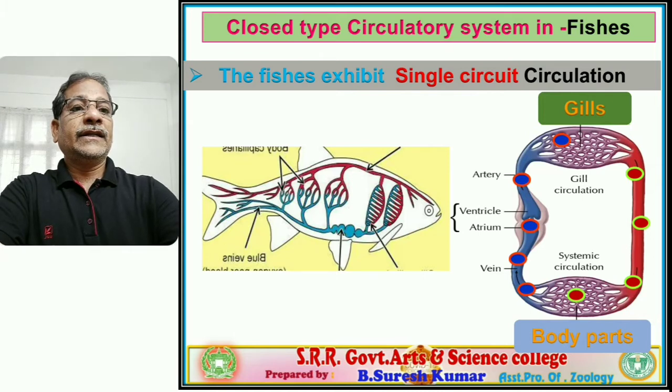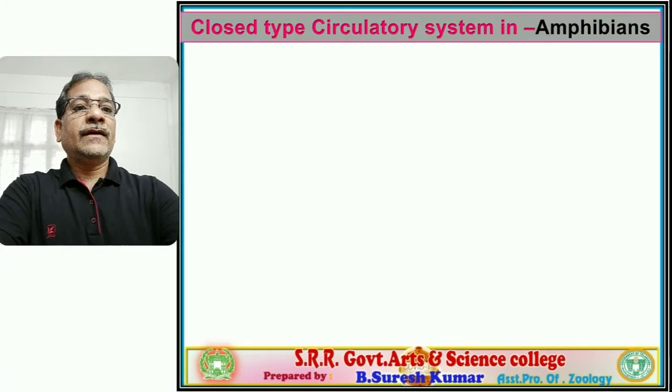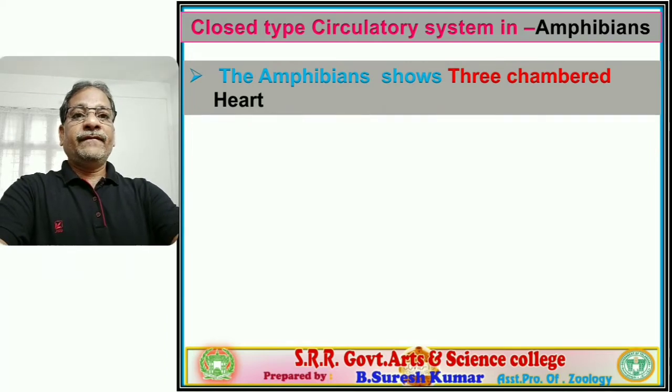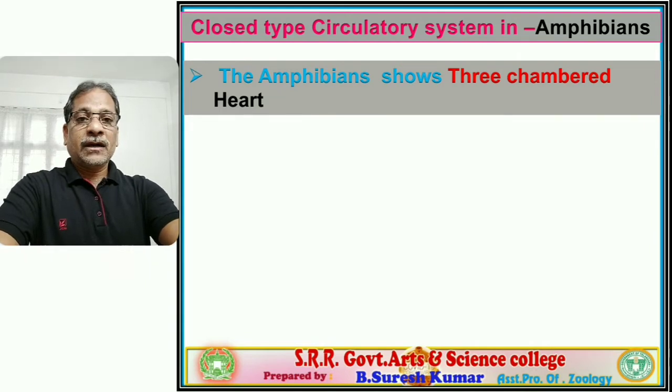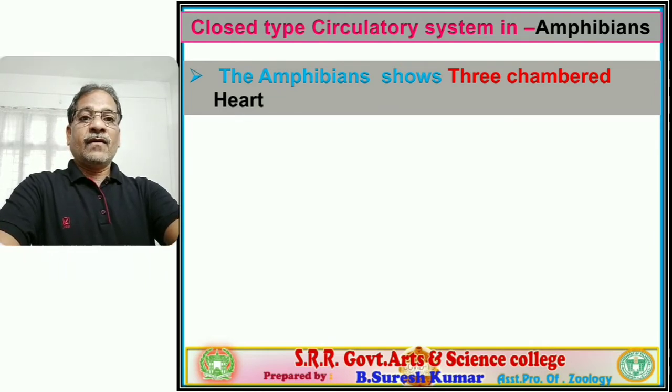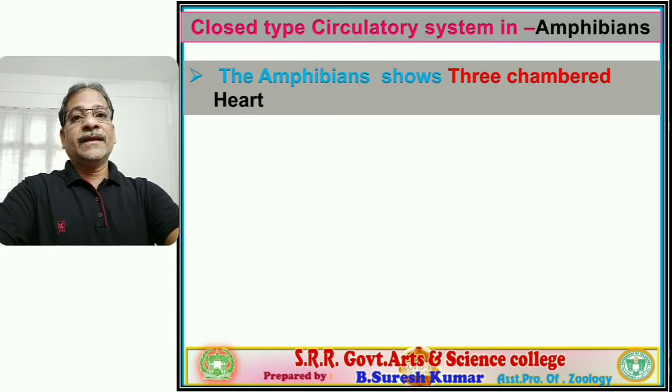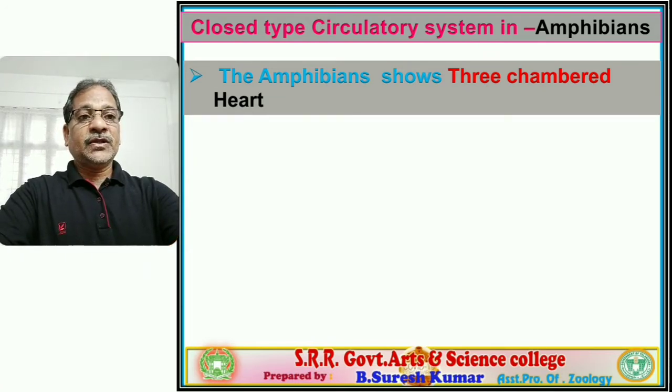Follow? Right. Let us see one more vertebrate group, that is amphibians. The amphibian shows a dual mode of life, partly in water and partly on land. They attain some evolutionary changes in the circulatory system. The amphibian shows a three-chambered heart. In fishes, we verified a two-chambered heart.